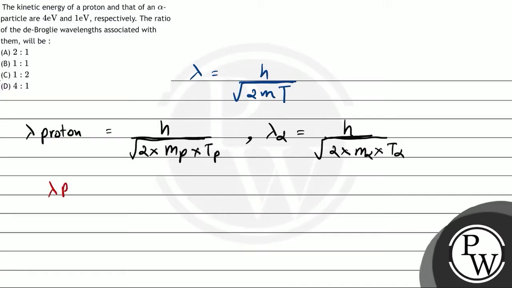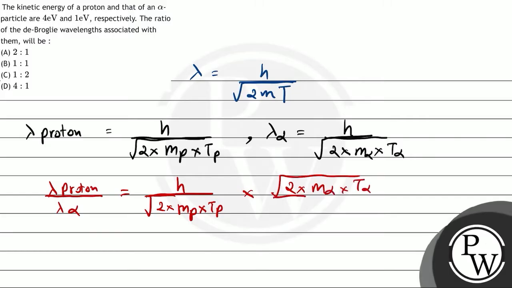So we can write that lambda proton divided by lambda alpha is equal to h divided by root of 2 into mass of proton times kinetic energy, and because this is divided, the reciprocal is taken, which means multiplied by root of 2 into mass of alpha particle into kinetic energy of alpha particle divided by h.